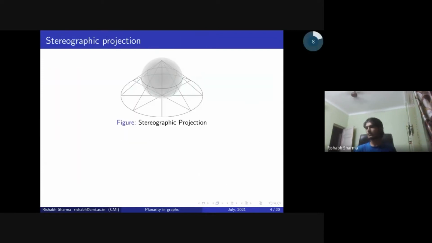Okay, let's move on. One idea I want to introduce is stereographic projection, which will help us make a connection between planar graphs and spherical polyhedra. So what is stereographic projection? It's the name of a certain continuous map.